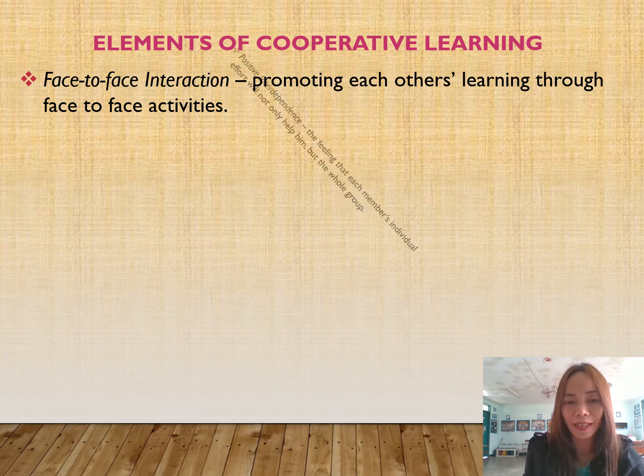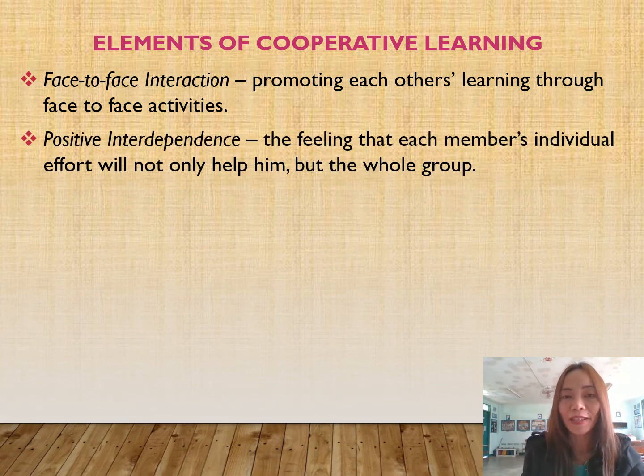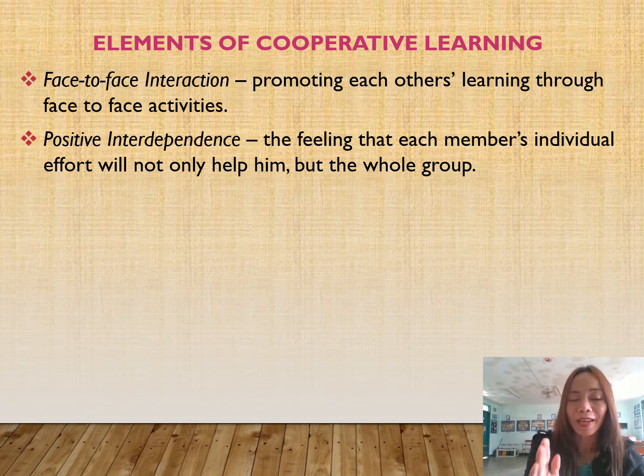Next is positive interdependence. Students have the sense that they're in this together, feeling that each member's individual effort will not only help them, but the whole group. So the grade of each student is dependent upon the effort of the other group members.